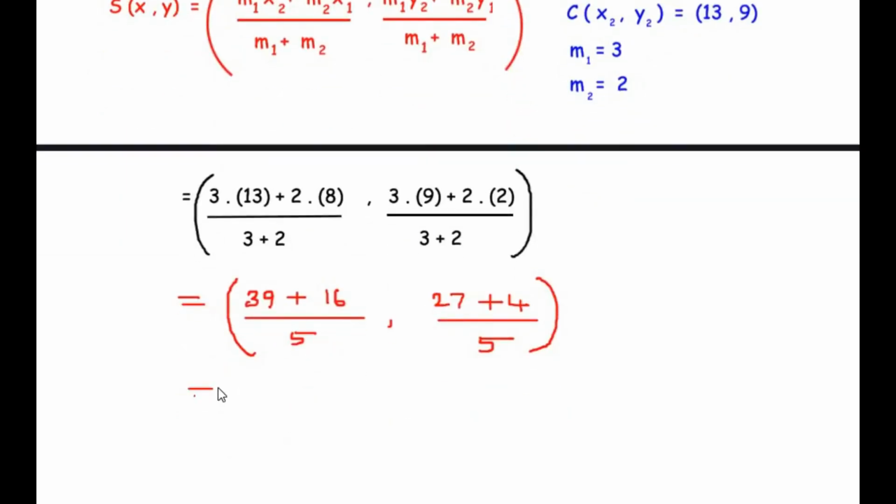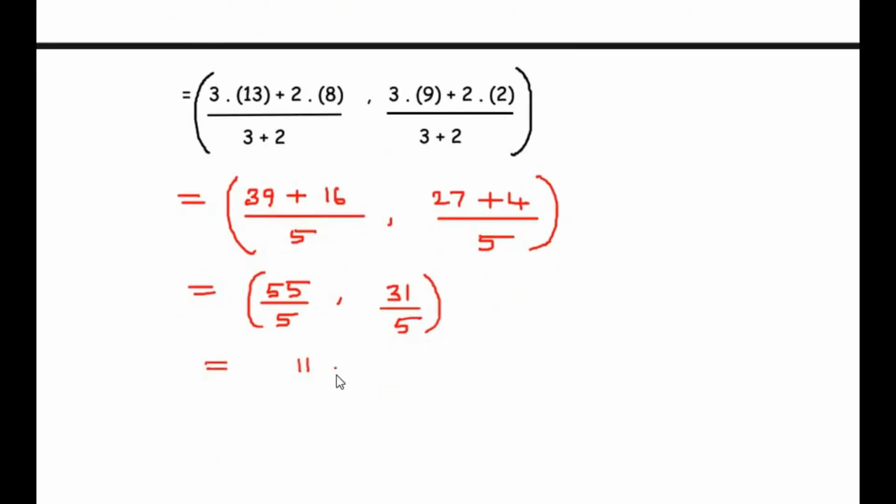So we have here 39 plus 16, which is 55, divided by 5, comma 27 plus 4 gives us 31 divided by 5. Next, 55 over 5 gives us 11 and 31 over 5 is not divisible, so we will keep it as 31 over 5. So this is the coordinate of the point where we need to plant the flowering plant.